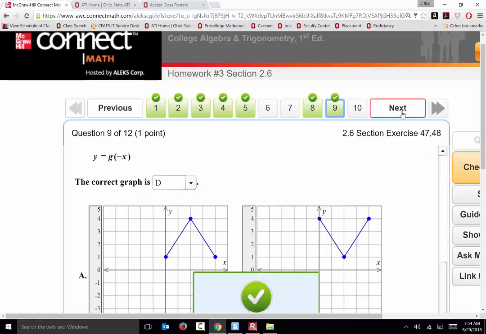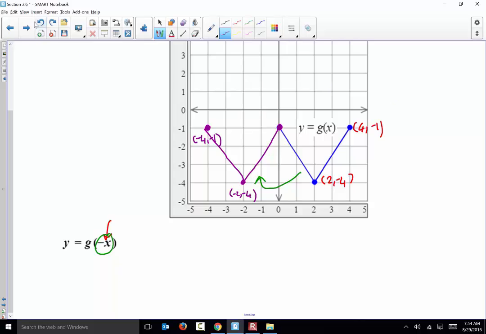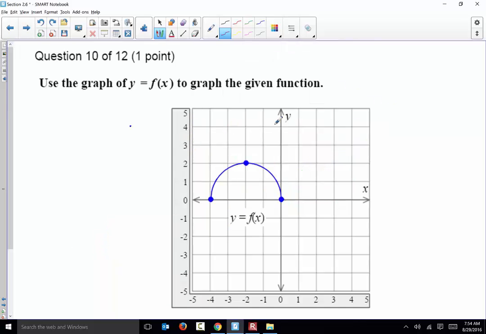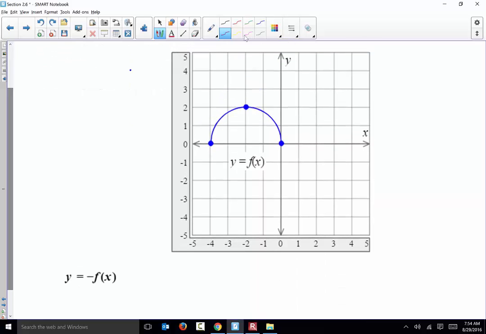All right. I believe we have a y-axis symmetry coming up next. There is this graph given, and what are we doing with it? Somebody put a minus in front. When you have a minus in front, what kind of reflection is it? X-axis. So I'm just going to make this upside down. Reflect this point, it's going to go here.